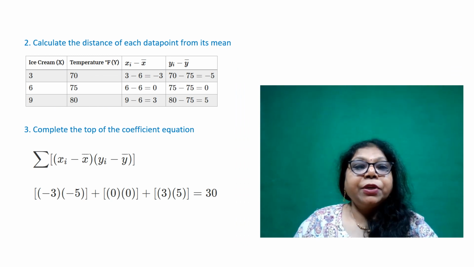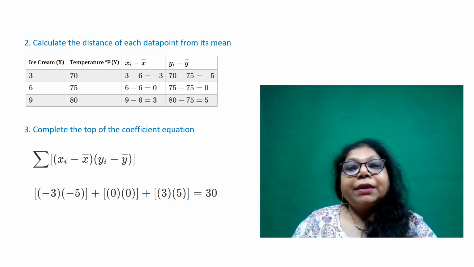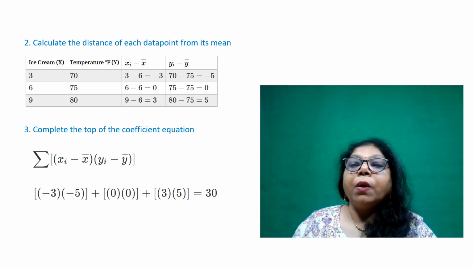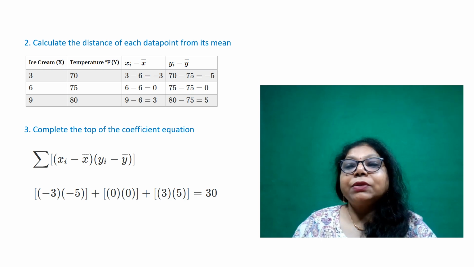Now, second step, we will calculate the distance of each data point from its mean. That is xi minus x bar. Taking the first data point, 3, and the mean value is 6, so 3 minus 6 is minus 3. 6 minus 6 is 0 and 9 minus 6 is 3. Similarly, we do it for y, that is yi minus y bar.